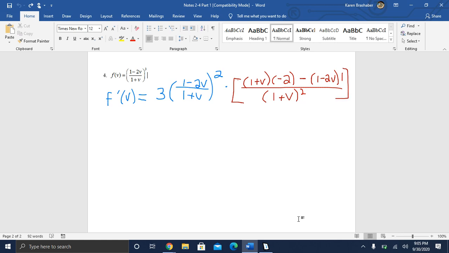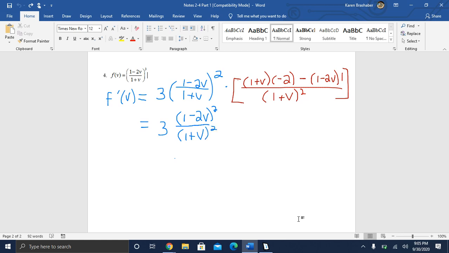All right, so we'll continue to simplify. I think one thing that is going to help, just because I can see the denominator has 1 plus v squared where I've written that in red, I'm going to go ahead and make this two quantities to the second power.